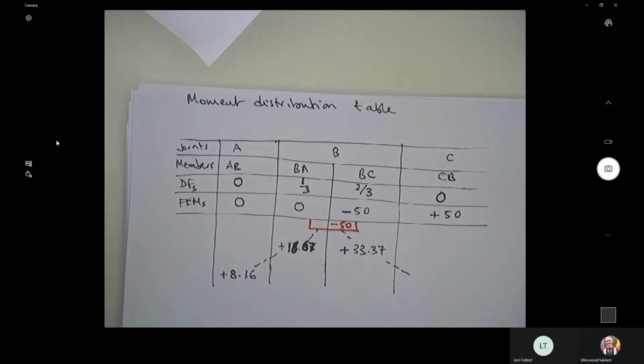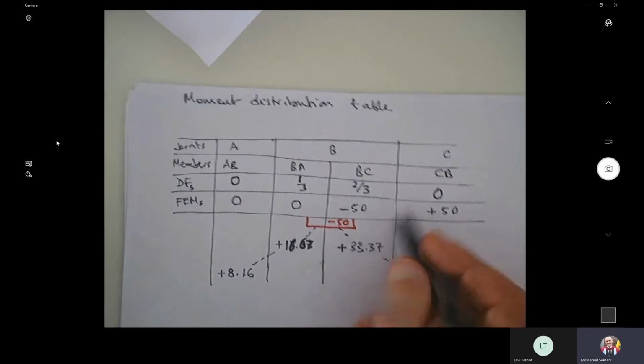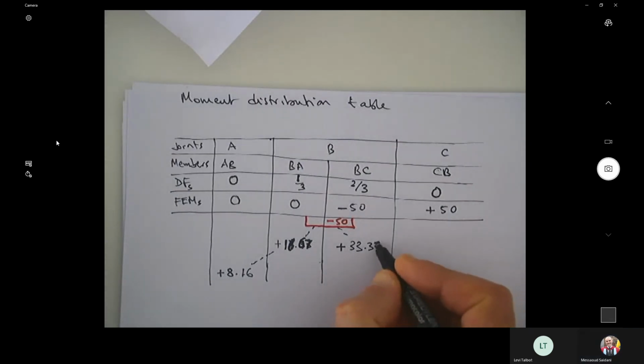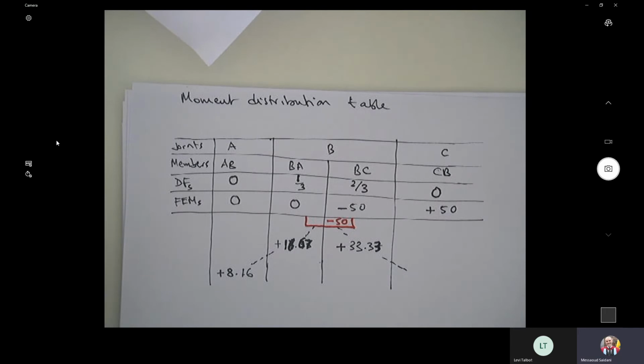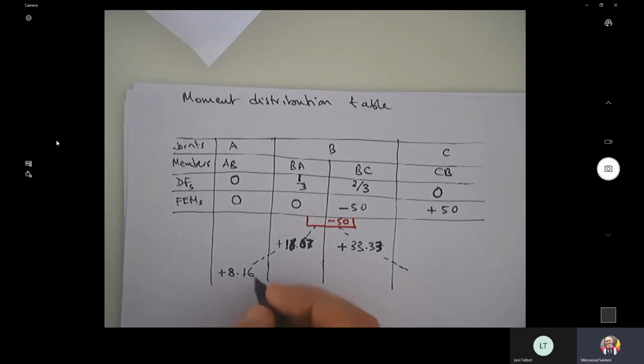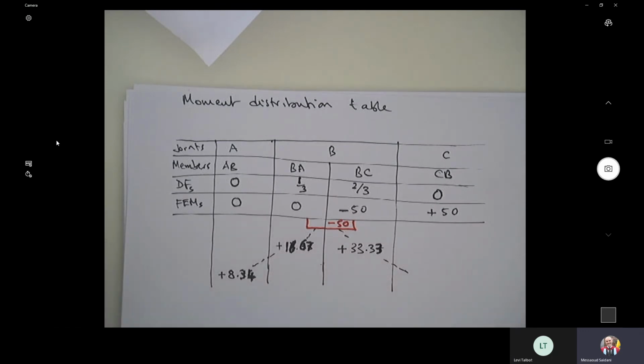And then 33.33. So this is 8.34. And this is 16.69. Thank you very much.